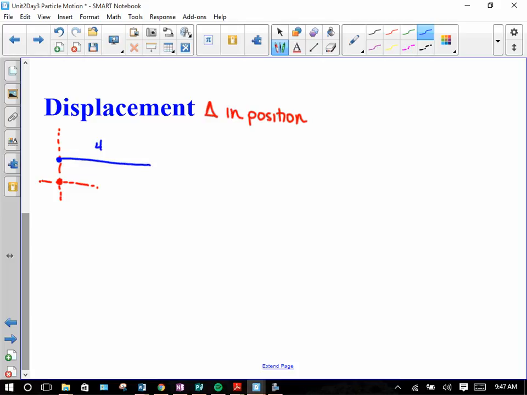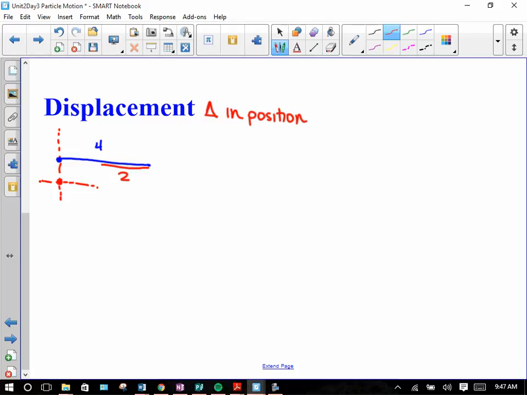Alright, that's 4. And then I come back this way, say 2 feet. My displacement would be 2 feet, because I went 4 feet and came back 2 feet, so my distance from the origin is 2.